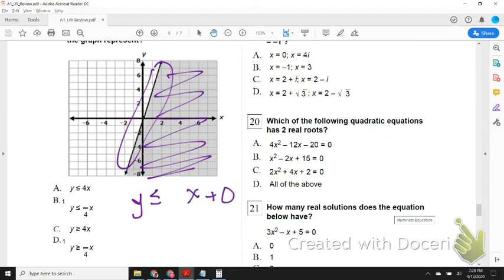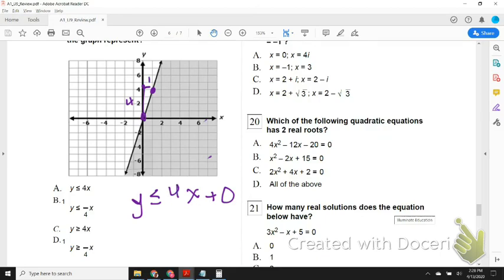My slope is going to be, well, let's take a look. Slope is going to be right there. So rise 4, run 1. Delta y is 4. Delta x is 1. So it's y is less than or equal to 4x. Looks like the answer is option A.